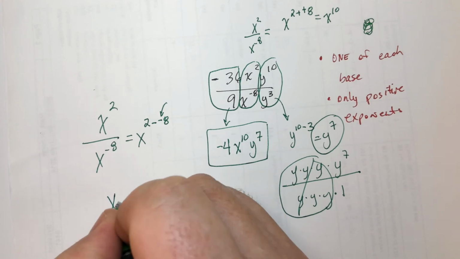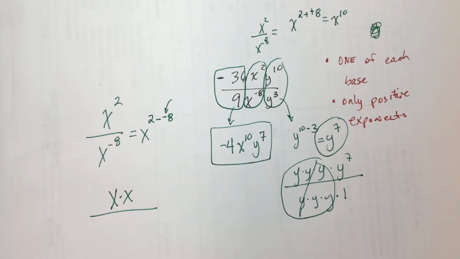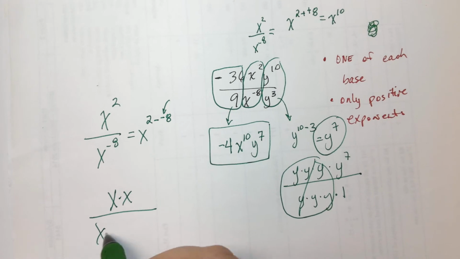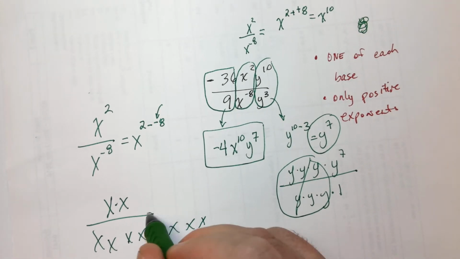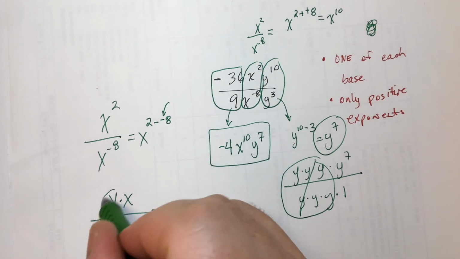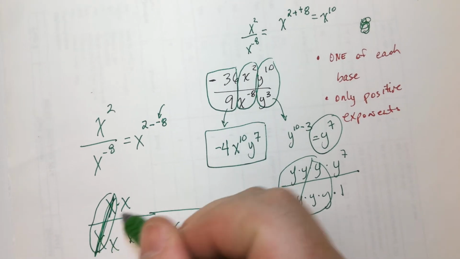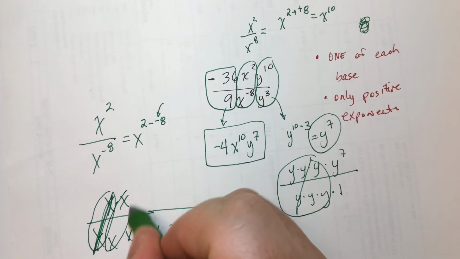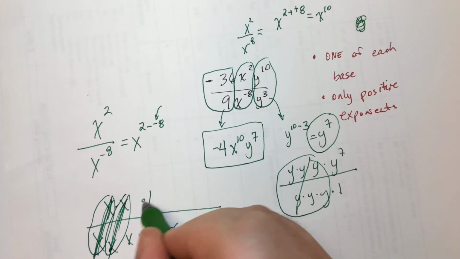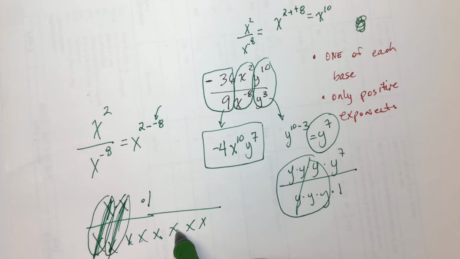That's the shortcut, because if we have 2 on the top and we have 8 on the bottom, this reduces and makes just 1. X divided by x is 1. X divided by x is 1. And then I have 1, 2, 3, 4, 5, 6.